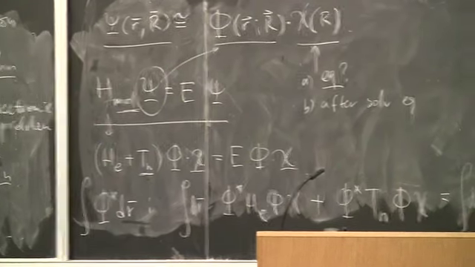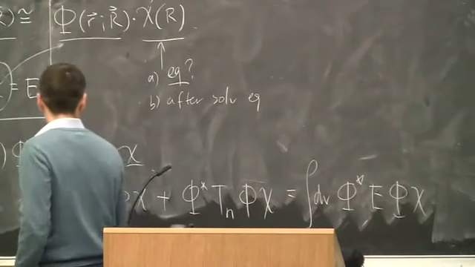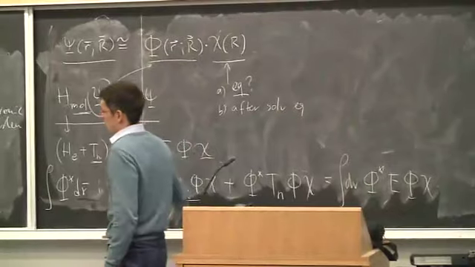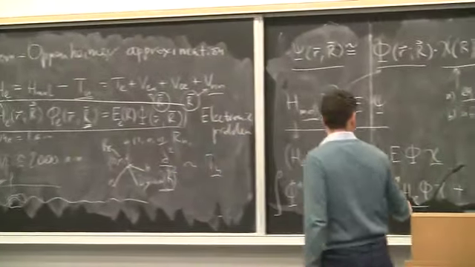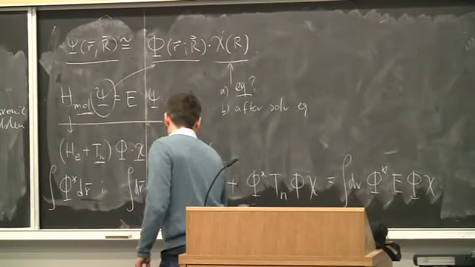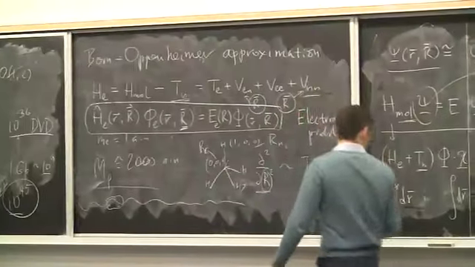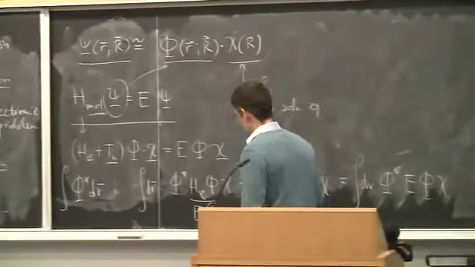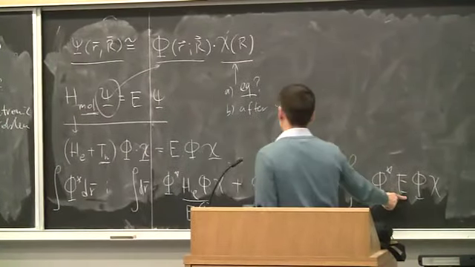Now, there are lots of simplifications we can make because we know that the electronic Hamiltonian, when it acts on phi, gives us E phi back, because phi is an eigenfunction of the electronic Hamiltonian by construction. Now this E is a different E than this one.